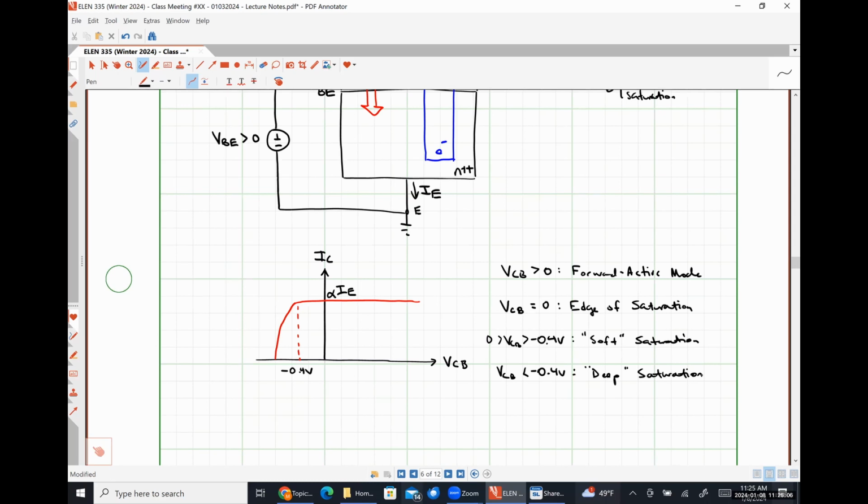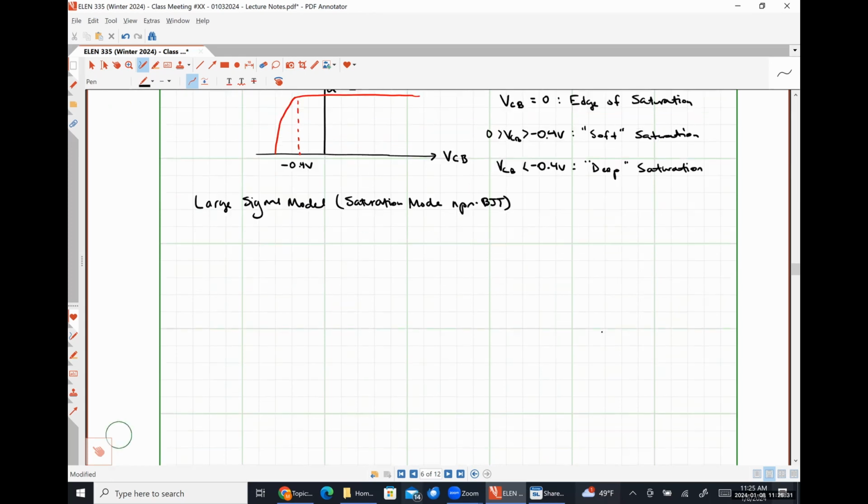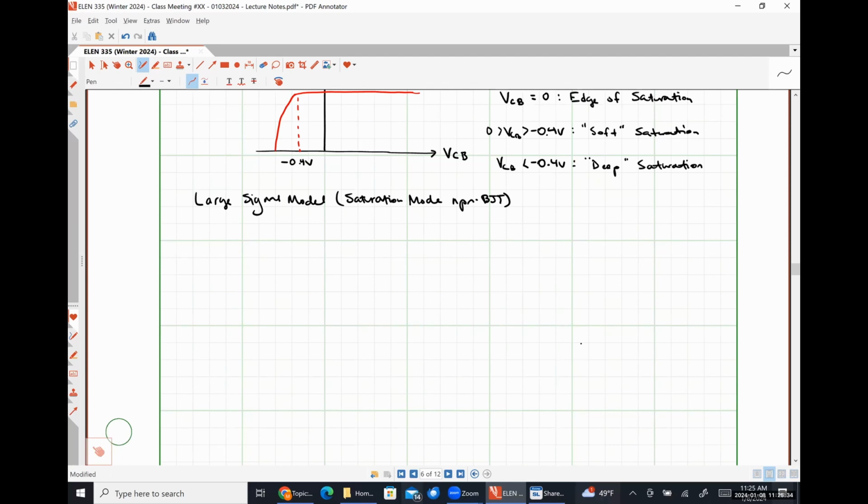All right, so our large signal model for saturation mode is going to be extremely similar to the large signal model for a forward active device. So here's our base terminal.